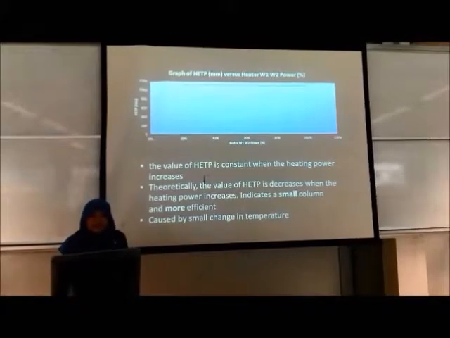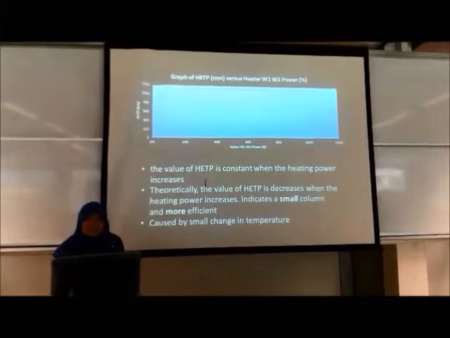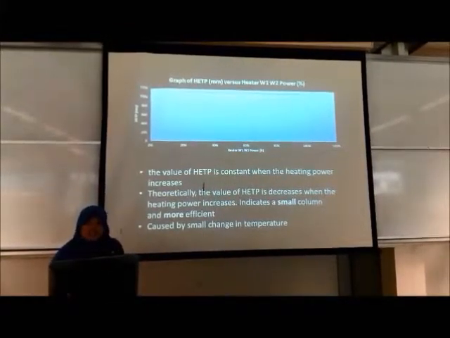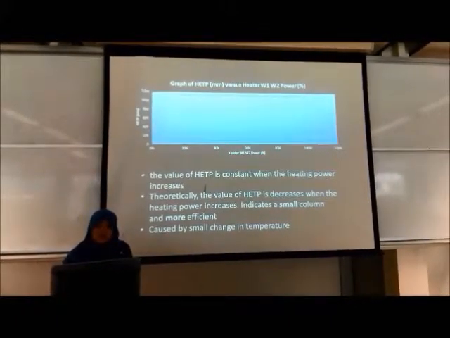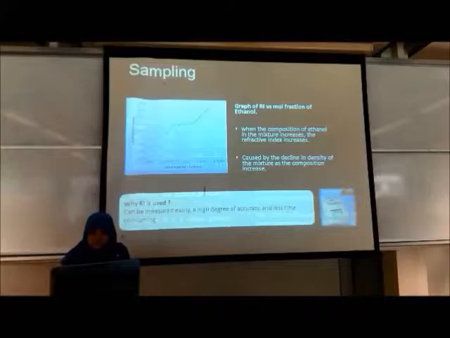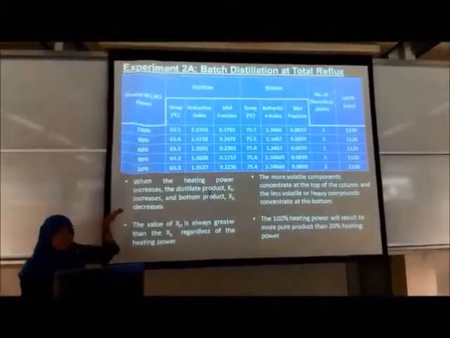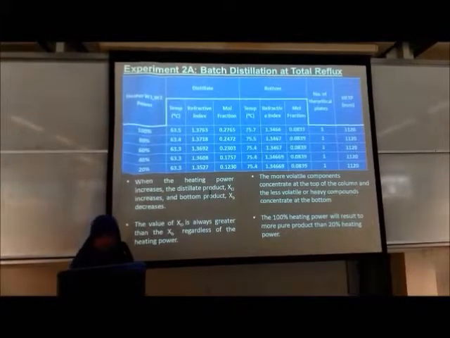From this graph, the value of HETP is constant when the heating power is increased. Theoretically, the higher the heating power, the smaller is the HETP. Again, this is due to the limitation of temperature, which we can see in this table. There is only a small change in temperature, so we can consider the temperature as constant.